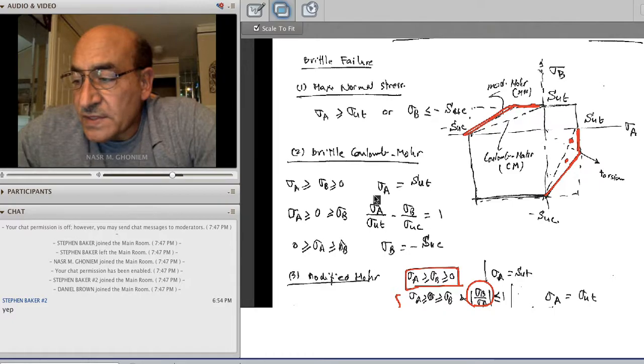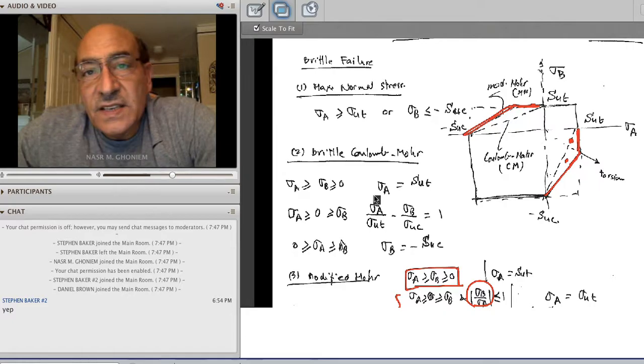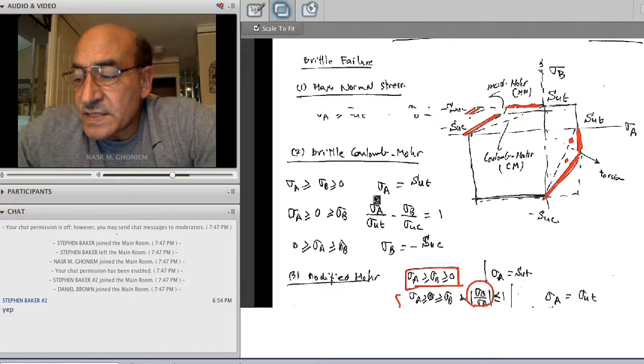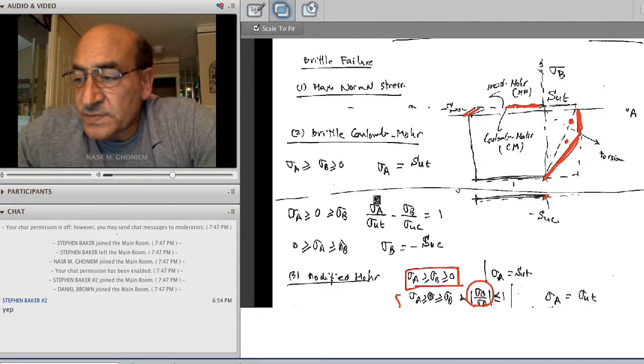If you have it here, then sigma A is less than sigma B. If you have it here, then sigma A is greater than sigma B. So depending on where the point is, we can use either this limit here or this limit here. And this is in one of the problems that I'm going to show.